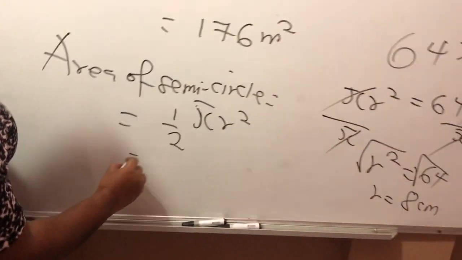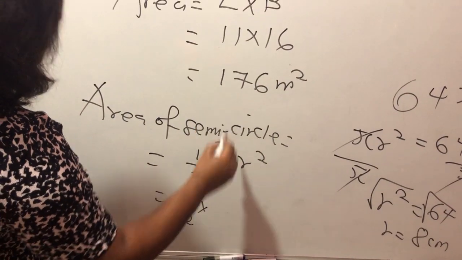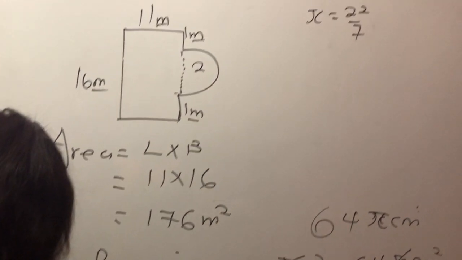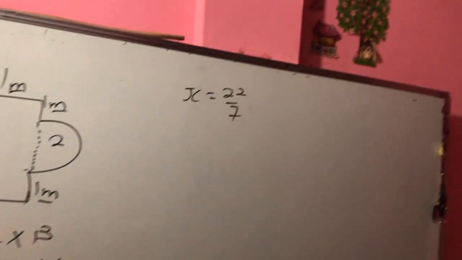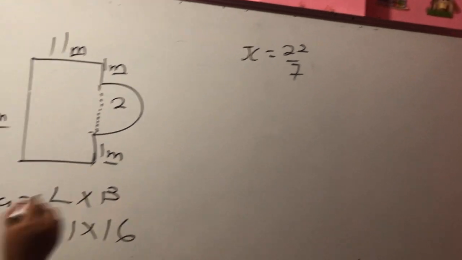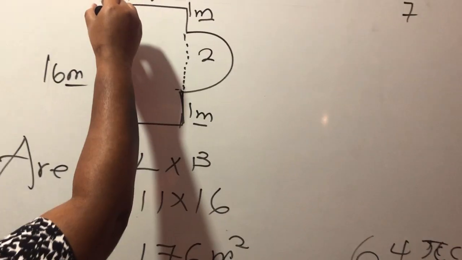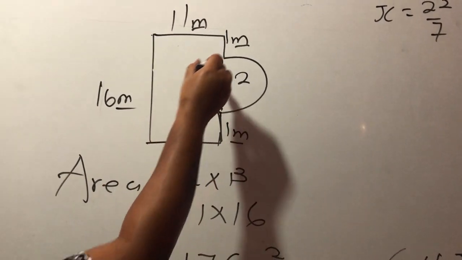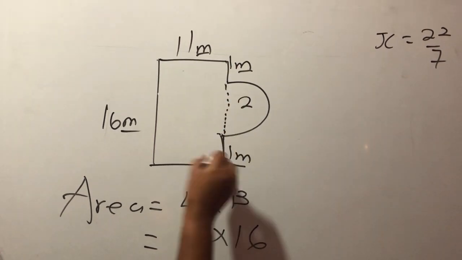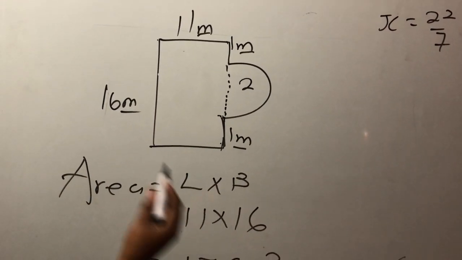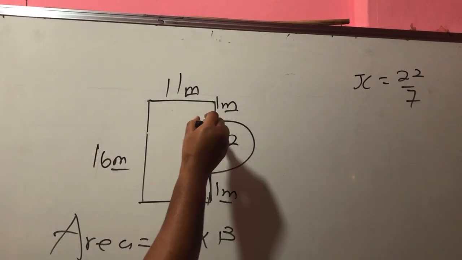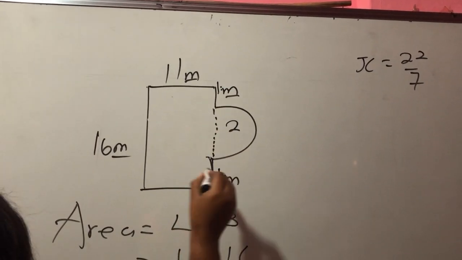Okay, now we have our half, we have our pi, which is 22/7. We have our radius. We are going to find our radius. Now look here, from here to here, all this length is 16 meters, but from here to here is 1, and from here to here is 1. So you already know, we've done this a lot of times. You take this 1 plus 1, which is 2.